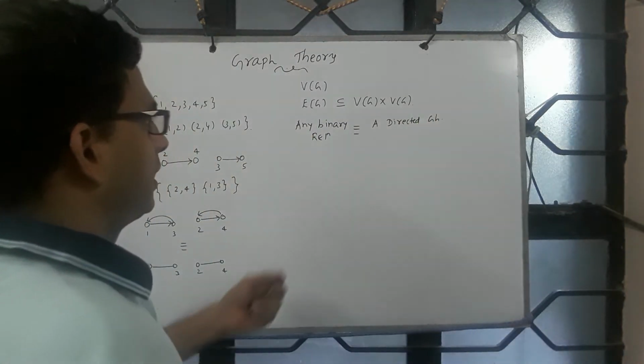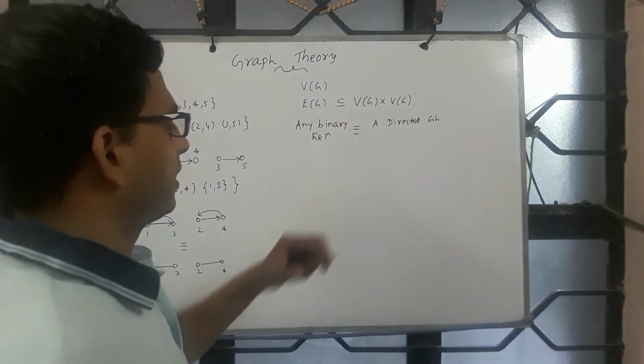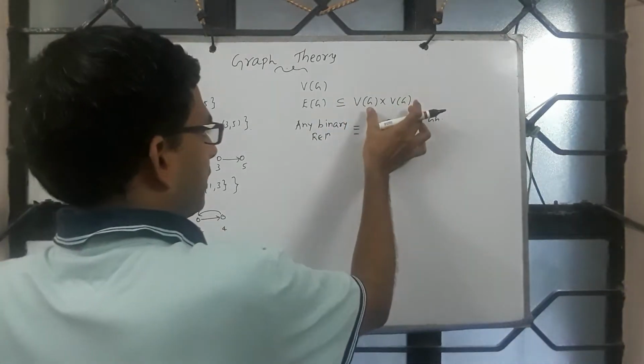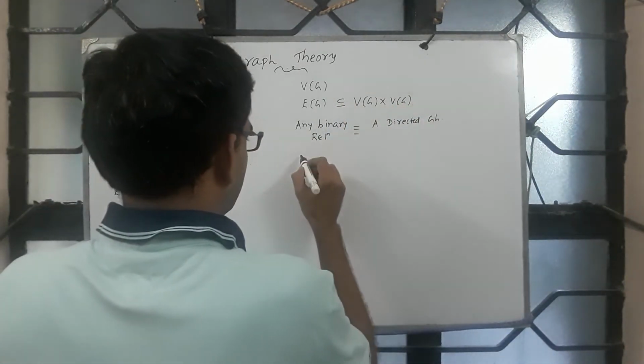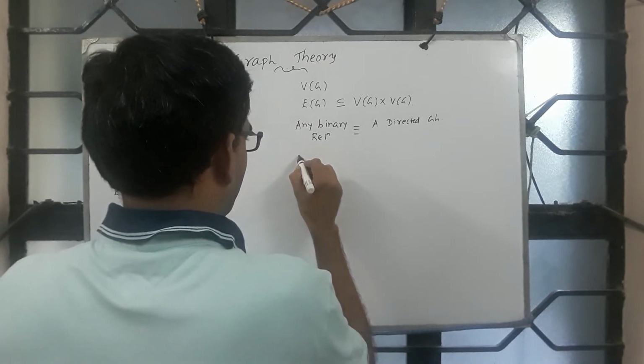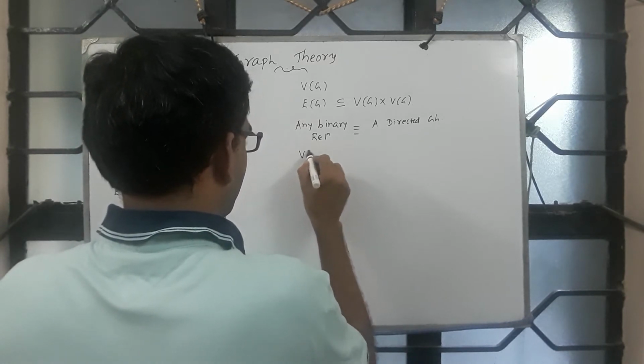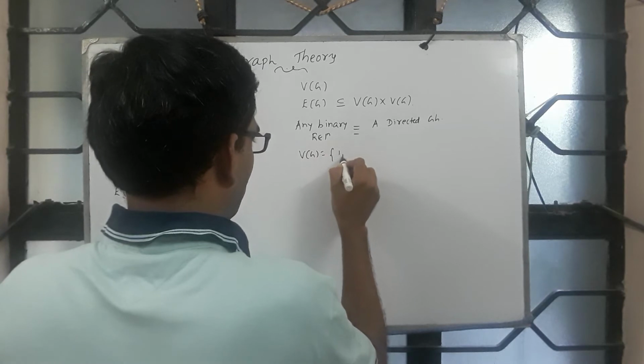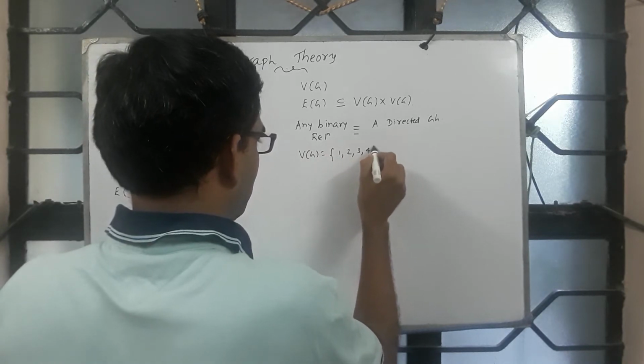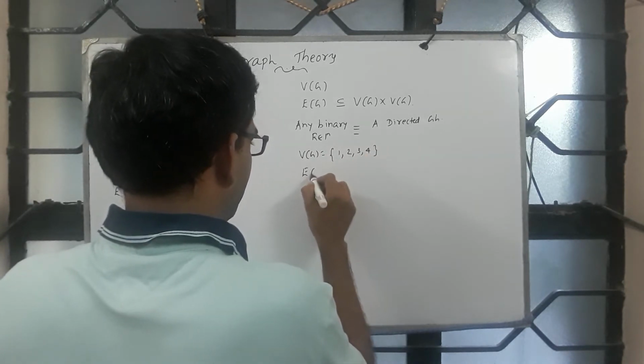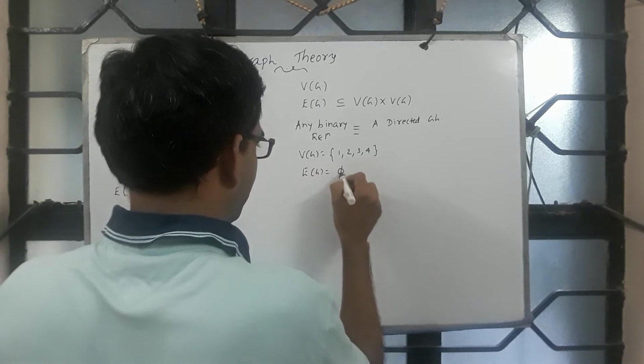Correct? And you look at a subset from here. So if V of G is say 1, 2, 3, 4, and say E of G is empty.